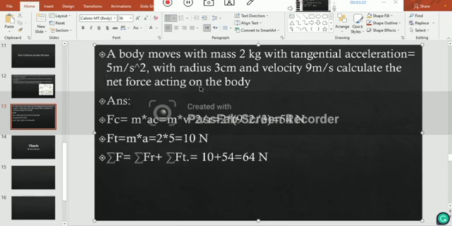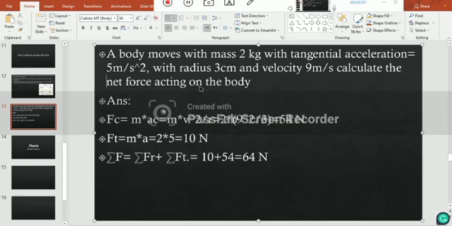As we have v, which is velocity, and r, which is radius, we can calculate the centripetal acceleration. To calculate the centripetal force, which is m times centripetal acceleration, we should first calculate the centripetal acceleration, which is v squared divided by r.